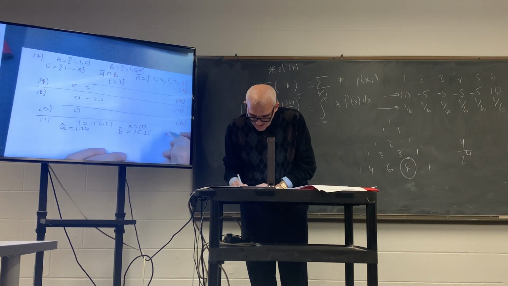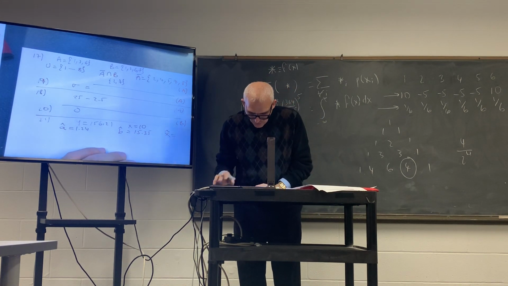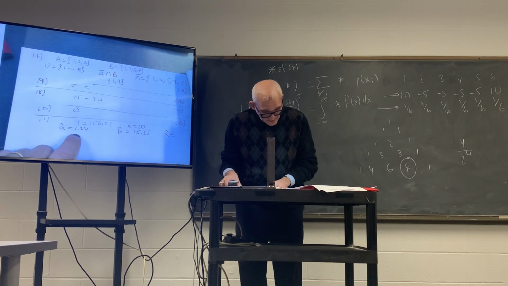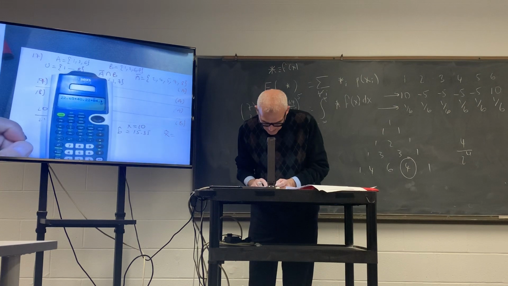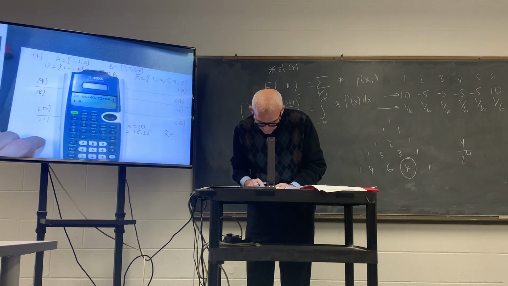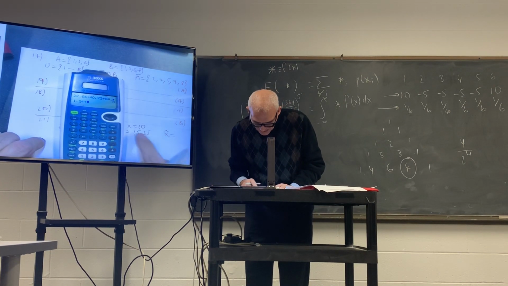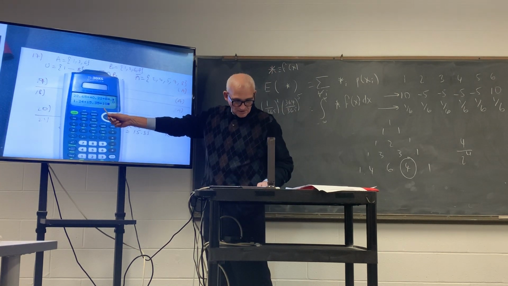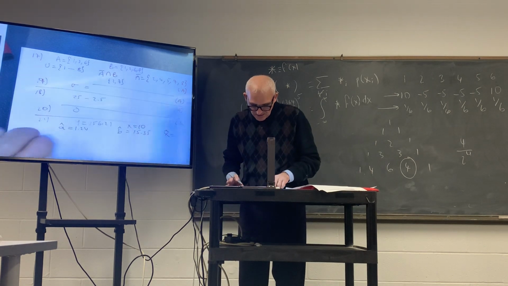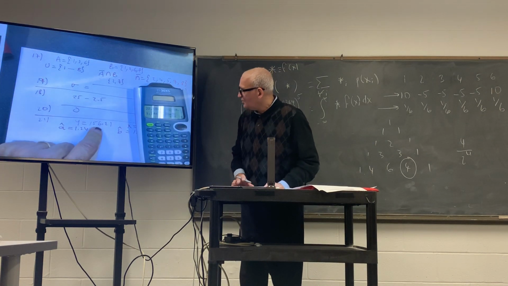So y estimated would be A, 1.24, plus B times x, which is 10. That's what you expect to get. But what you really got was 156.21.